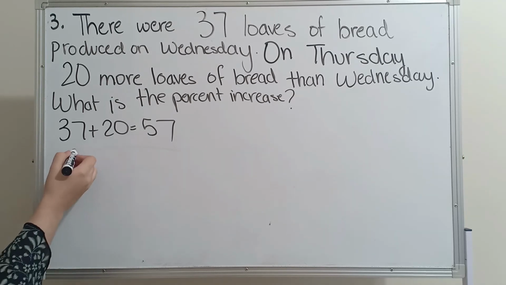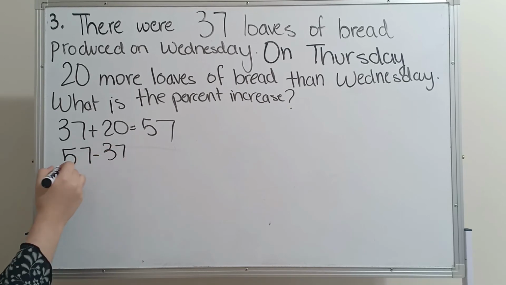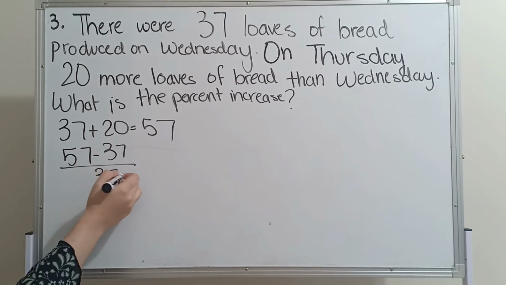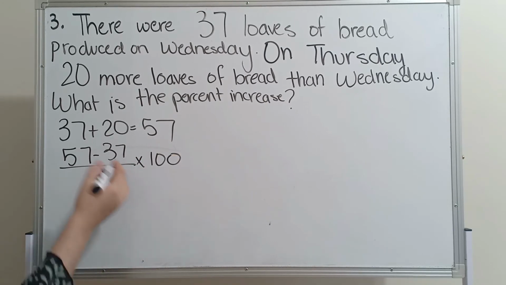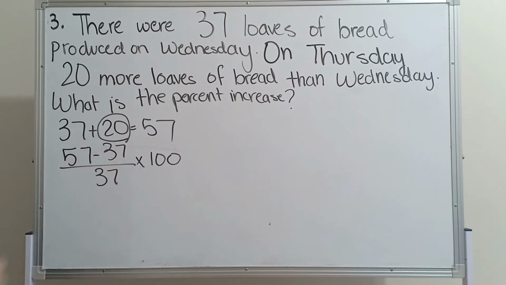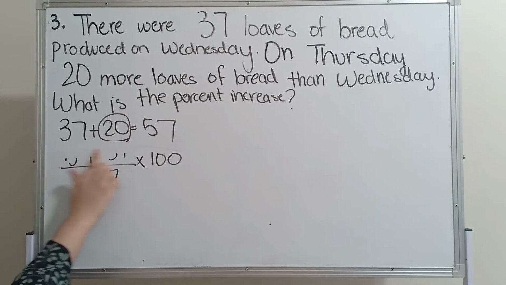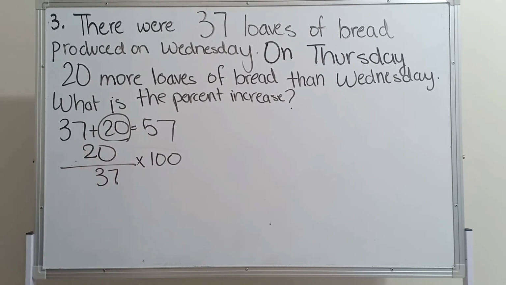So let's just do this. We can subtract these, and we can divide by 37 later on and then multiply by 100. Or what we can do is we already know that the difference is going to be 20, and we can just write 20 here because we already know the increase.